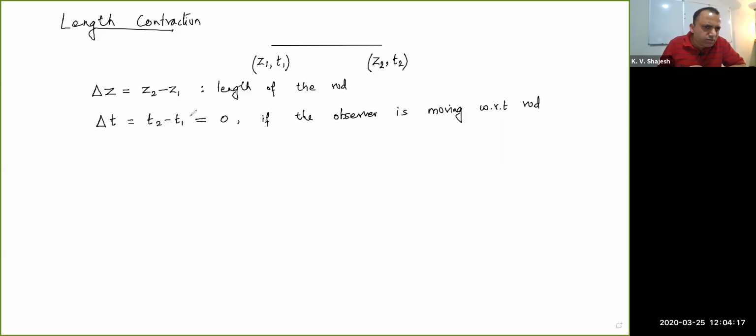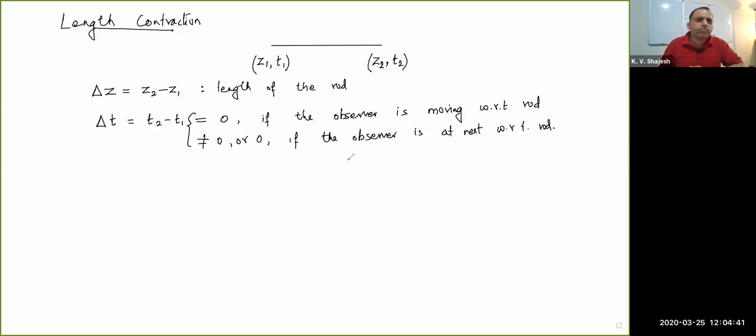And there is no condition, so it is not equal to zero, or it could be zero also, if the observer is at rest with respect to the rod.